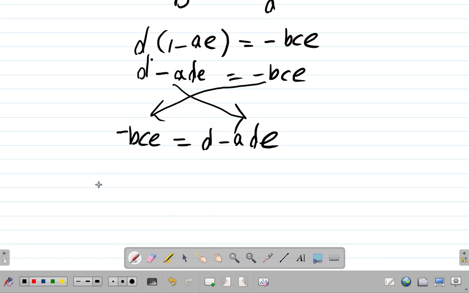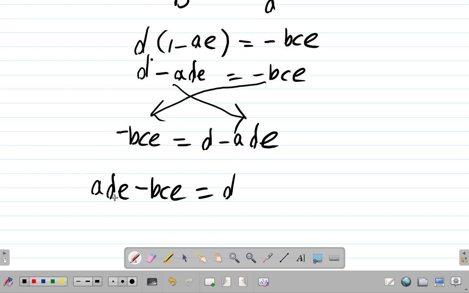You will have ADE minus BCE equal to D. I'm not going to write all the steps, but you could repeat what I'm doing and write down all the steps.